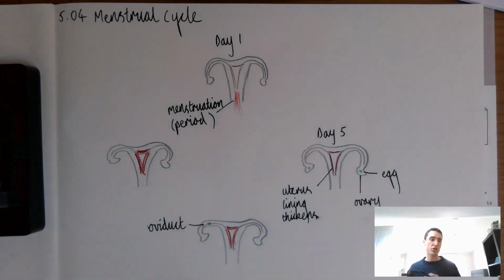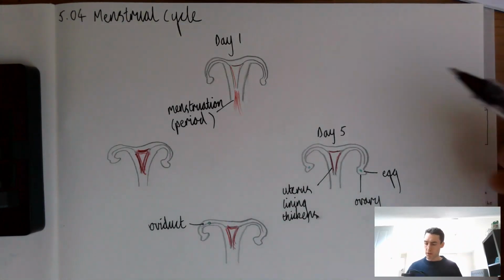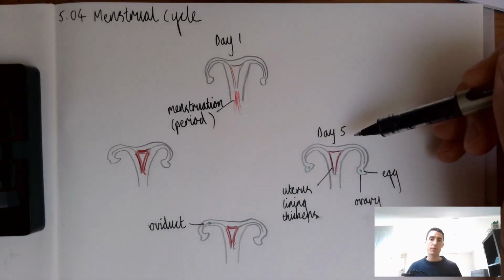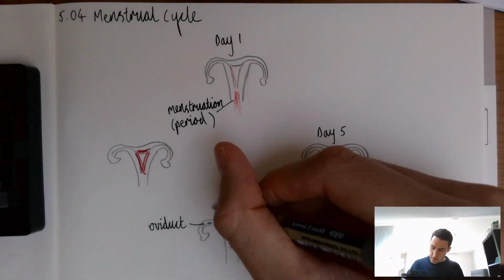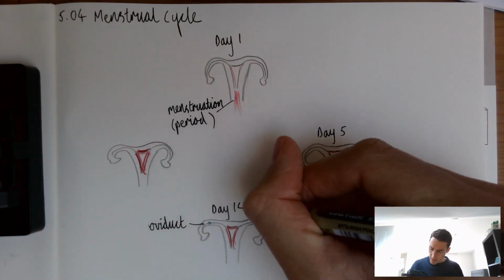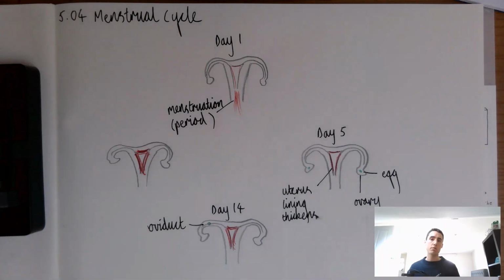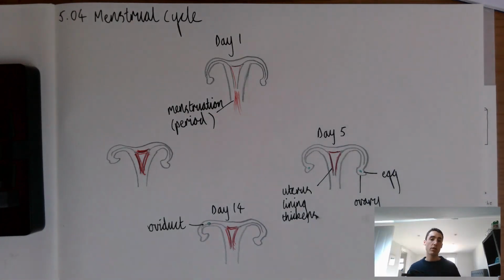And again, you can emphasize to students that periods might last different amounts of time for different people. In fact, the whole cycle can last different amounts of time for different people, and vary between months as well. But roughly, after about 5 days, menstruation stops and the lining starts to thicken. Typically, this happens at about day 14. So about 2 weeks after menstruation begins, that's roughly when the egg is going to be released. That's when a female is going to be fertile and ready for fertilization.